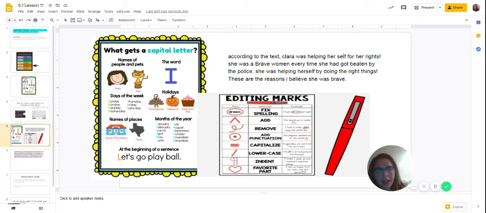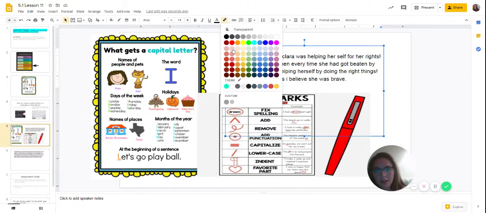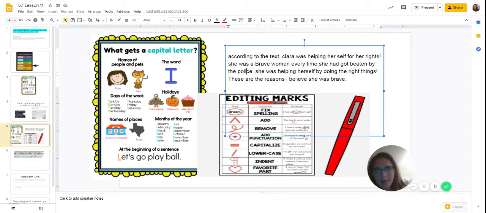Okay, so right away, when I look here, I know it says the beginning of sentences. So I see right here, we have a lowercase as the first letter. So I know that I need to go ahead and underline that.